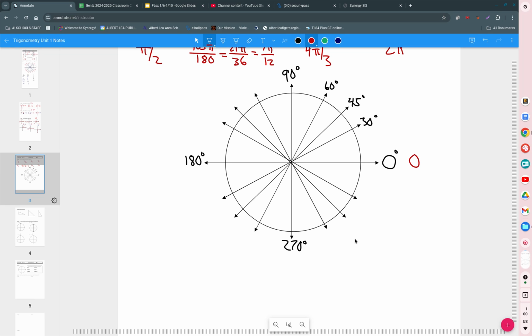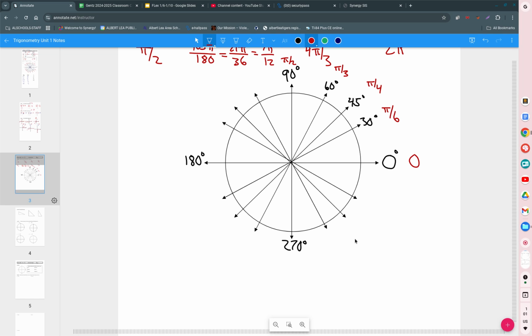0 was 0. 30, we said, was pi over 6. What did we say 45 was? Pi over 4. 60 was pi over 3. And 90 we said was pi over 2.